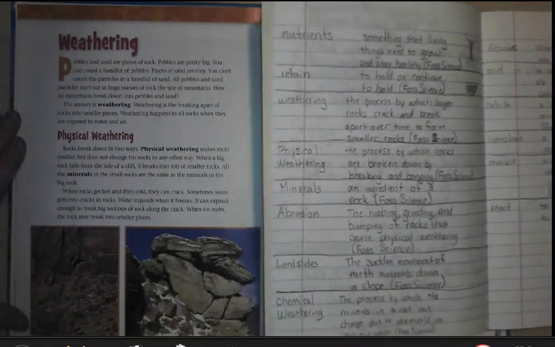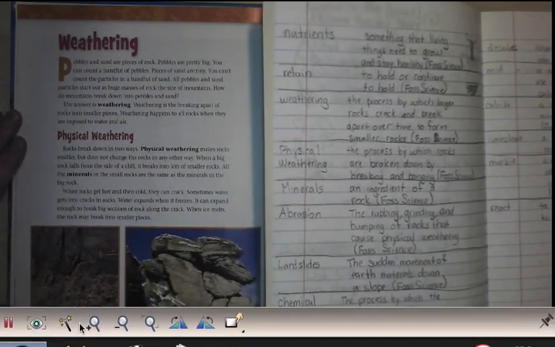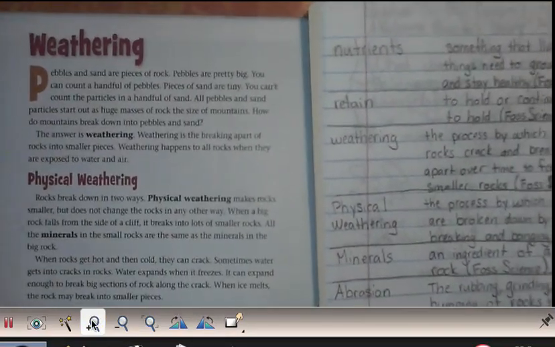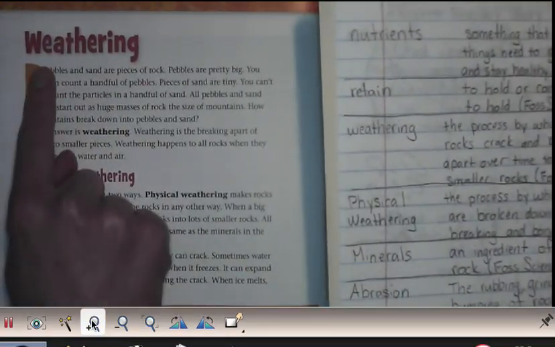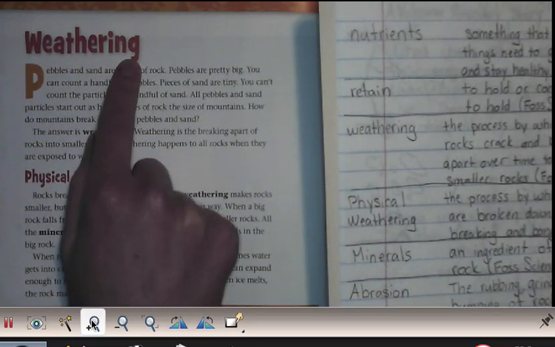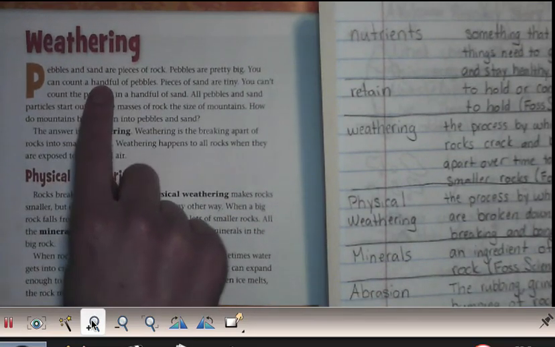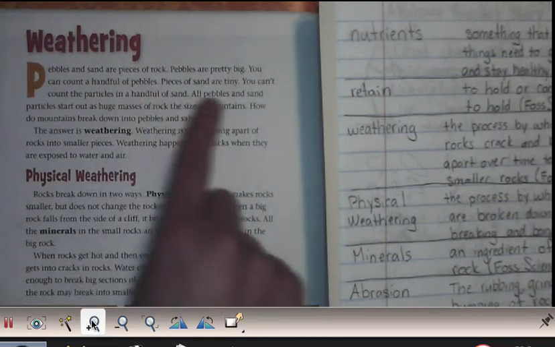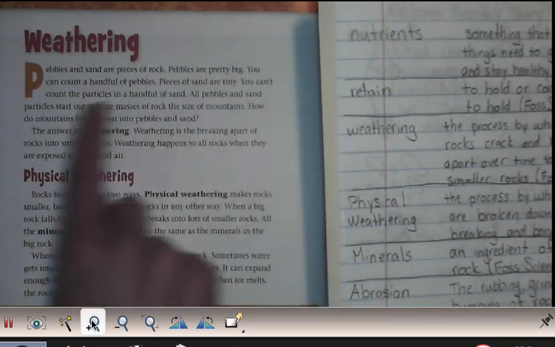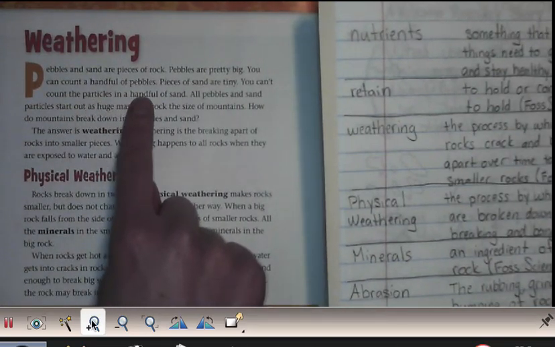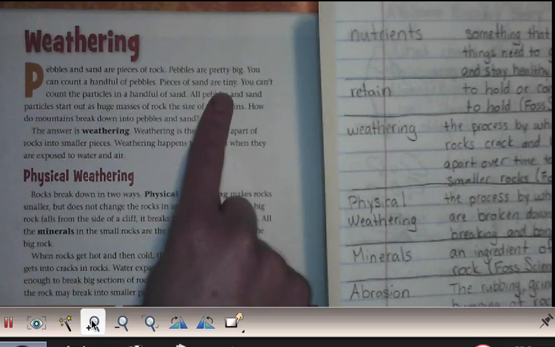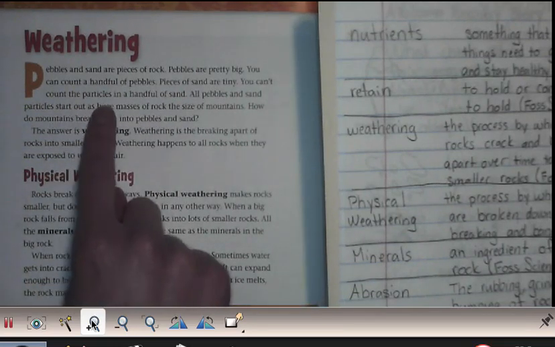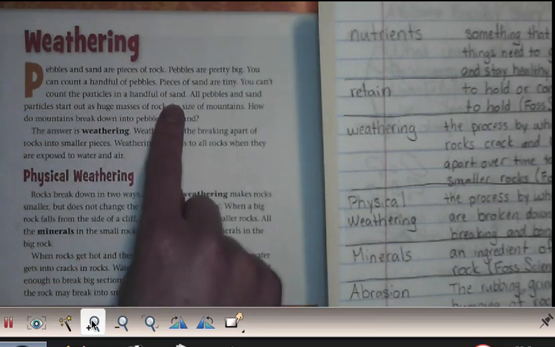So as we begin, let's zoom in here a little bit. We're going to read this first part together. Weathering. Pebbles and sand are pieces of rock. Pebbles are pretty big. You can count a handful of pebbles. Pieces of sand are tiny. You can't count the particles in a handful of sand.